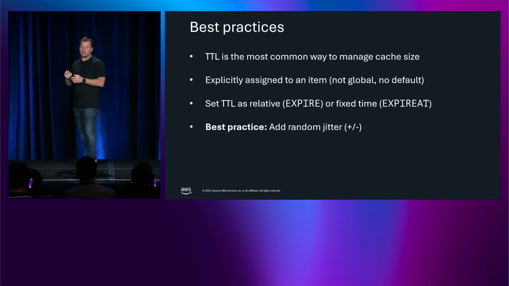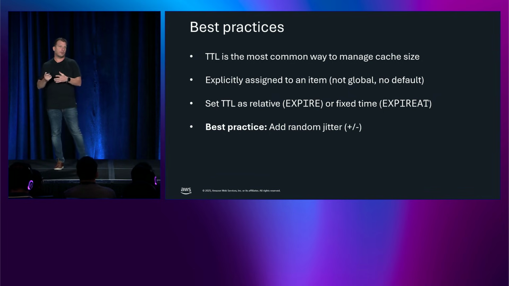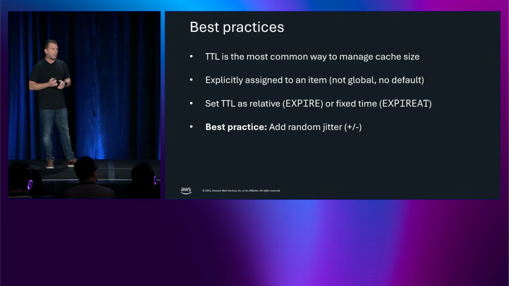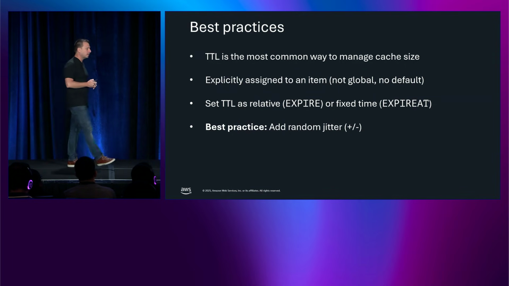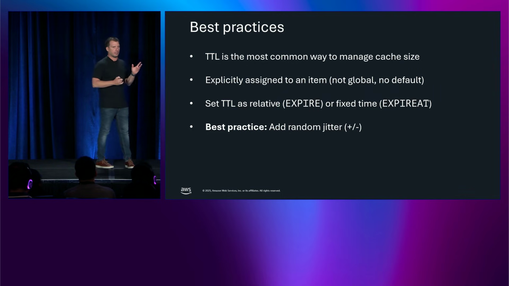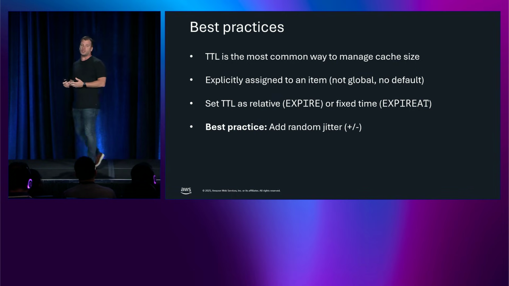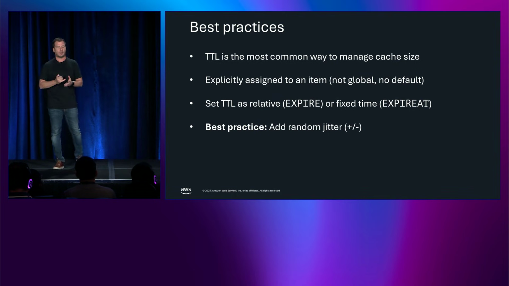You explicitly assign it to a key or set of keys, and you can use a relative time or absolute time. But one of the most important things, if you're going to use it, is to use random jitter when you expire them, because we don't want them all to be deleted in the same period of time and make your Valkey very busy. We want to spread it across a time window.